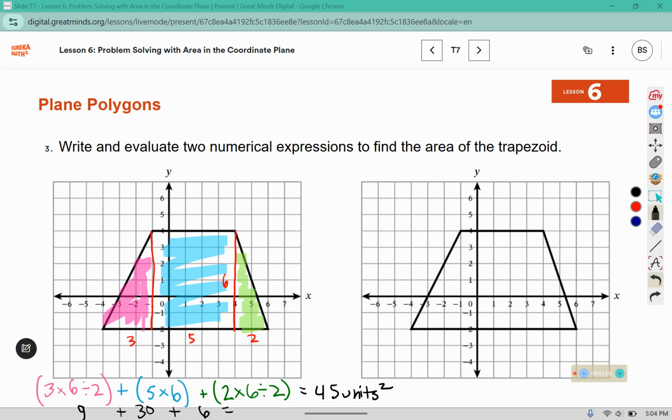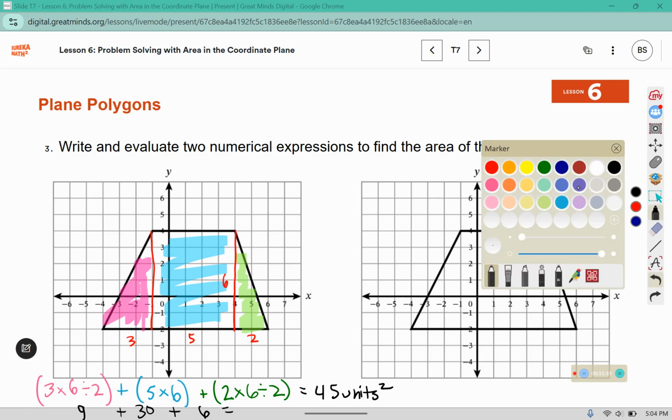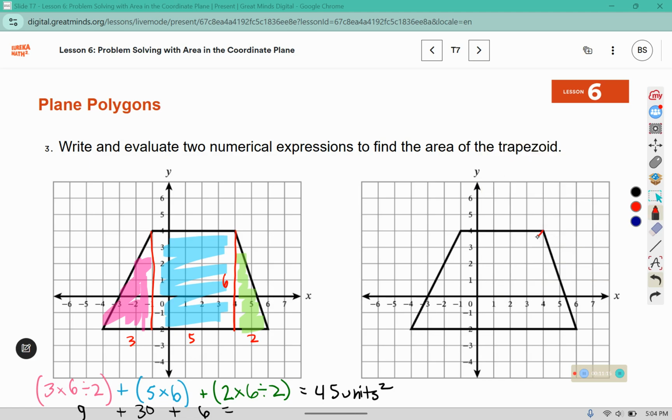Another method for composing or decomposing the trapezoid is to form 2 triangles. This triangle has a base of 1, 2, 3, 4, 5, 6, 7, 8, 9, 10, and a height of 1, 2, 3, 4, 5, 6.